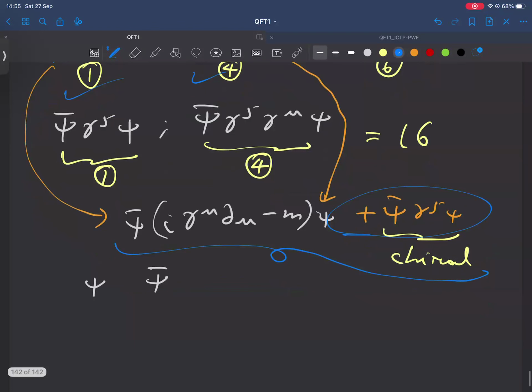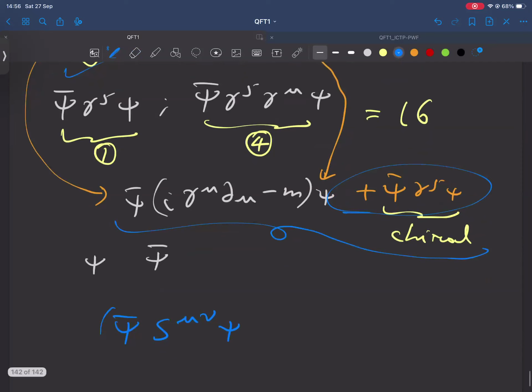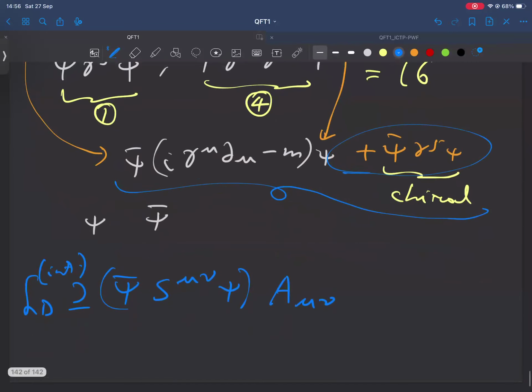For instance, another example could be you could take this psi bar s mu nu psi. So this is a nicely transforming object, and you can contract it with, because of the antisymmetry, another antisymmetric object a mu nu, and this could be some term in your Dirac Lagrangian, but now also involves this extra interaction kind of term.